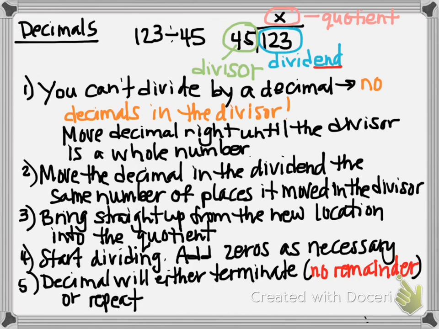Okay, so those are ours. And remember, when you have a repeating decimal, you write the number of digits that repeat once and put a repeating bar over them. Alright, so time to do some practice.